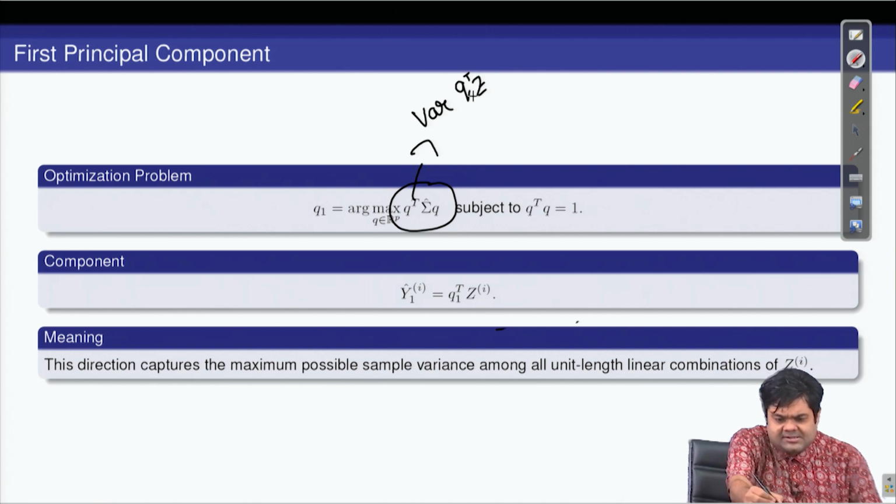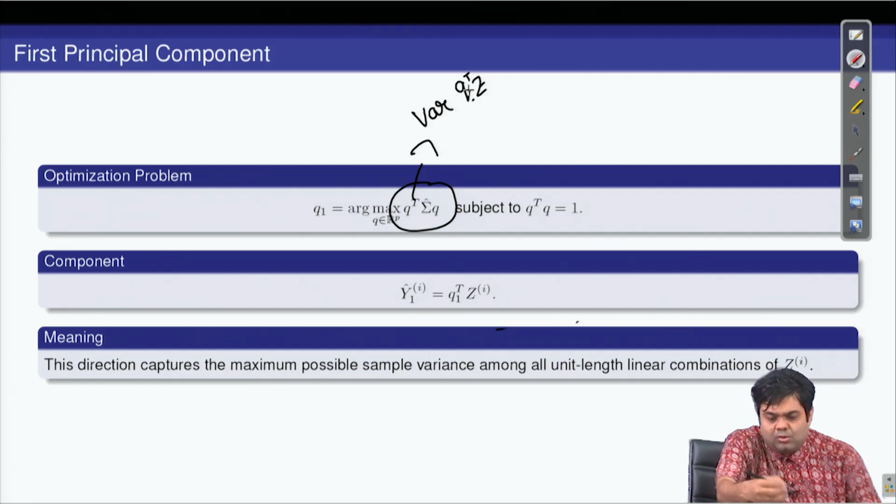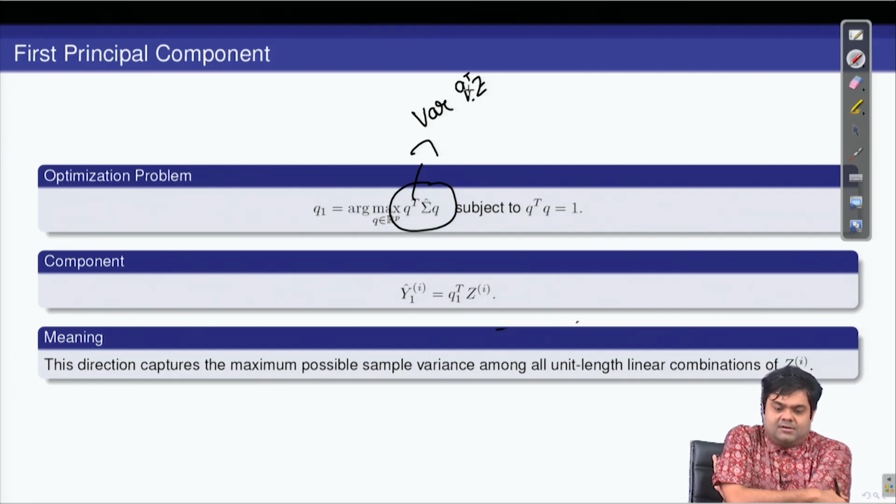We maximize this over vectors q, so we look for the maximum of these variances, subject to unit vectors. We only look for unit directions. We are only interested in the directions.